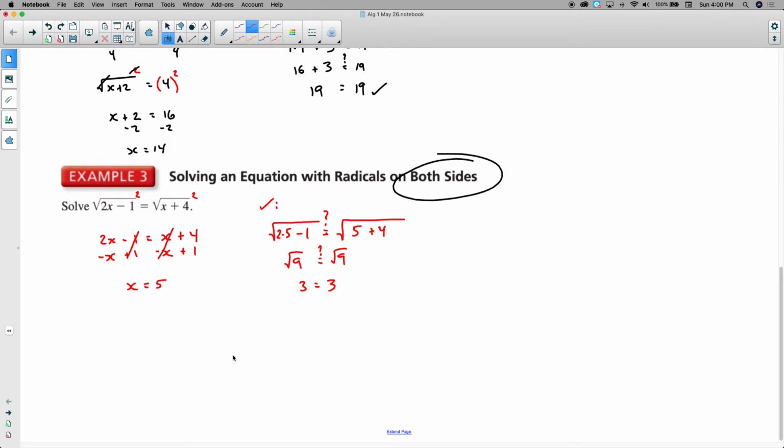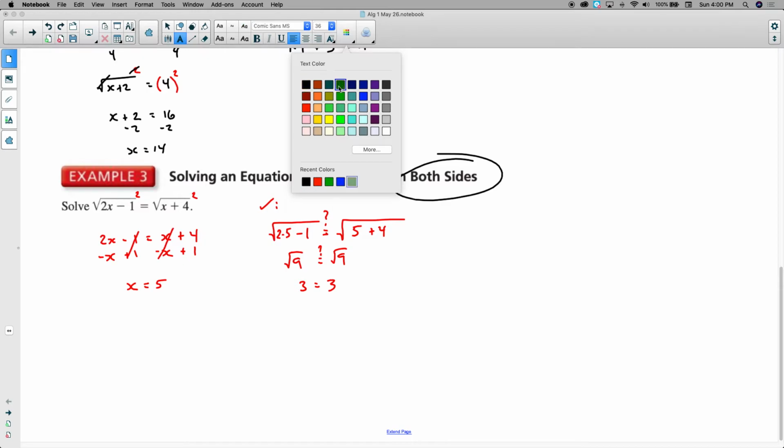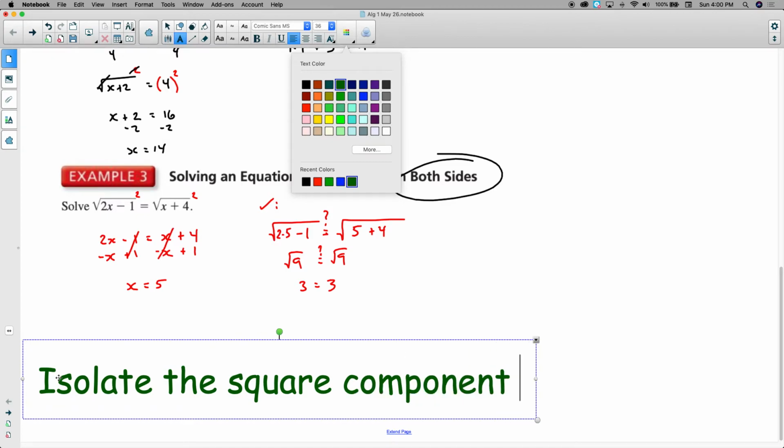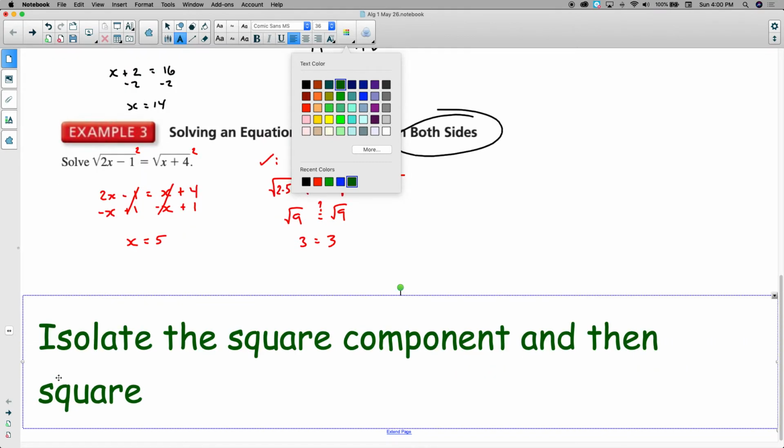Okay, so I don't know how many times I've said the theme of the current lesson, but I'll write it out. So let's get the theme here. We'll do it in green. Okay, so isolate the square root component and then square each side.